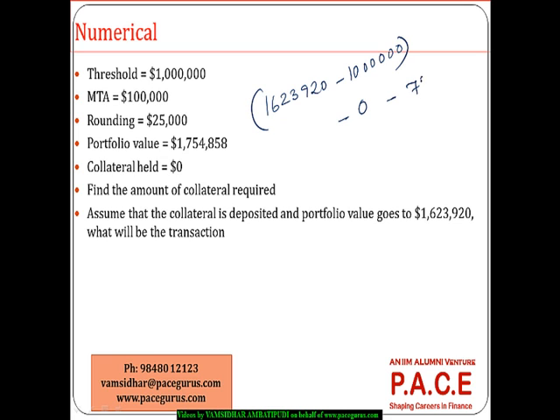And the collateral that is already held is 775,000. So this is becoming 623,920 minus 775,000. Right? Whatever it is, there is a negative value. Okay, probably here it is 0.